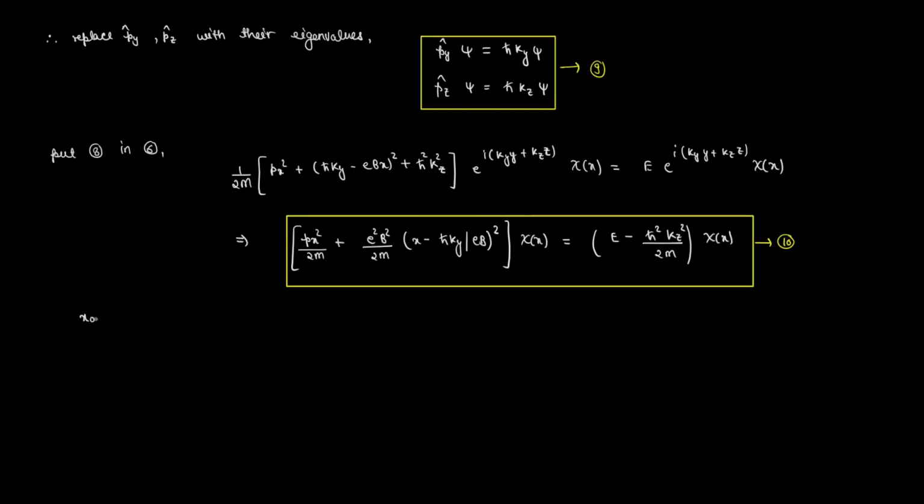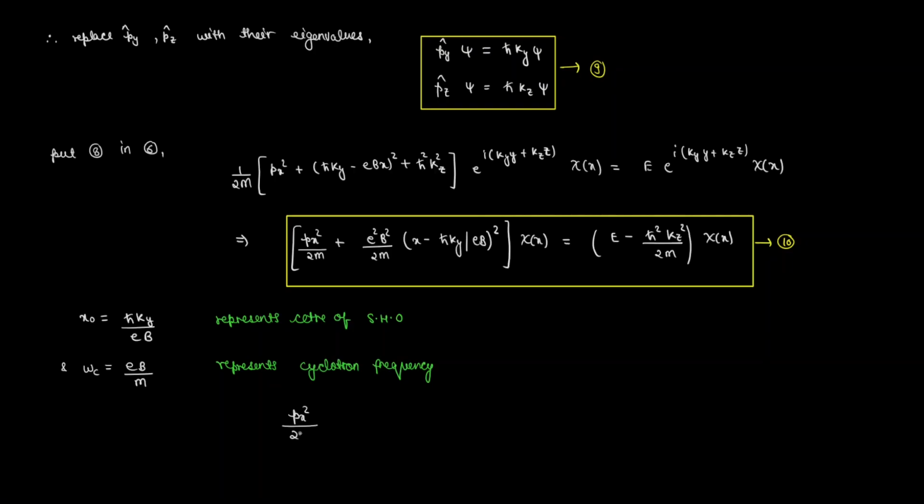E minus h cut square kz square divided by 2m times chi. We can simplify this equation 10 if we assume x naught equal to h cut ky divided by eB, which represents the center of a simple harmonic oscillator, and omega c equal to eB divided by m, which represents the cyclotron frequency.